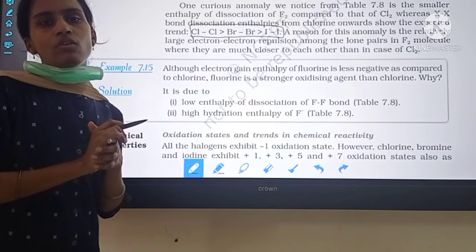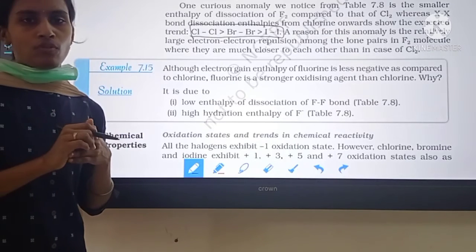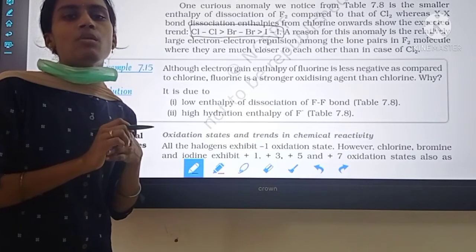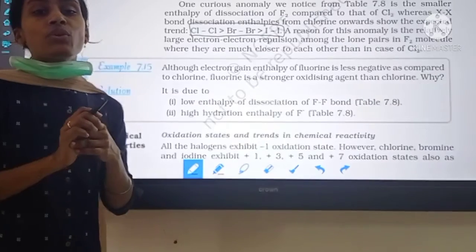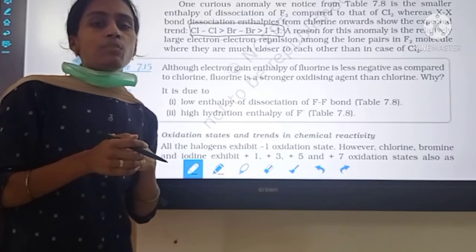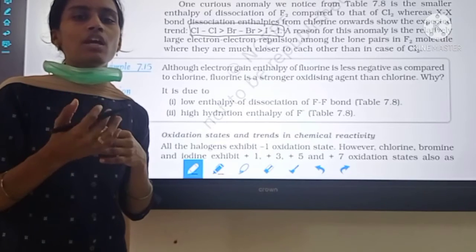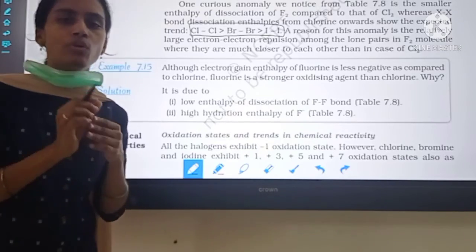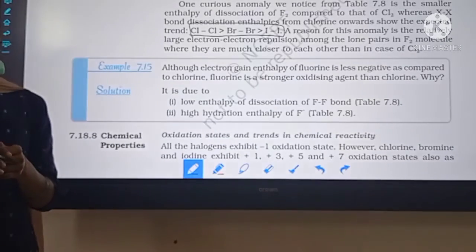Due to electron repulsions and the small size of fluorine, the bond dissociation enthalpy is very low. Due to this low bond dissociation enthalpy, fluorine is more reactive chemically.